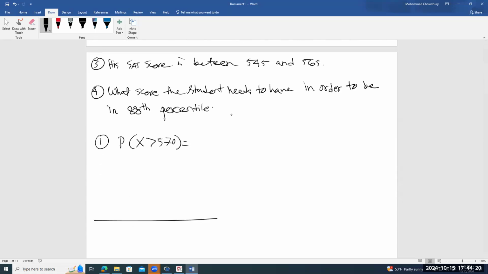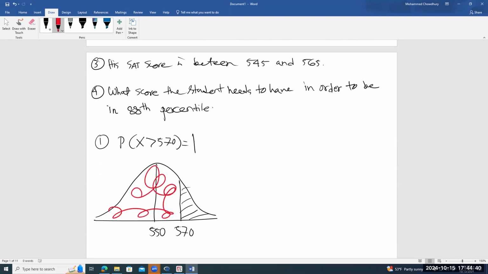This is 550 and this is 570. So we need this region.